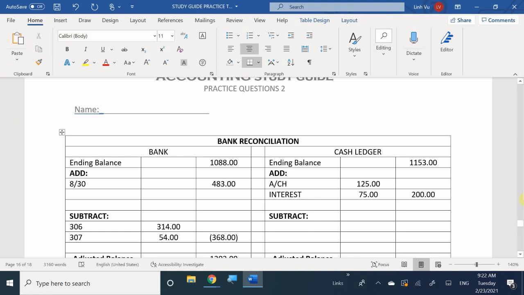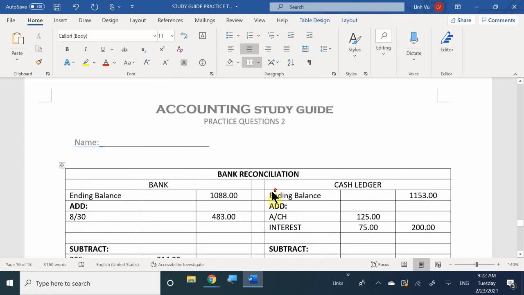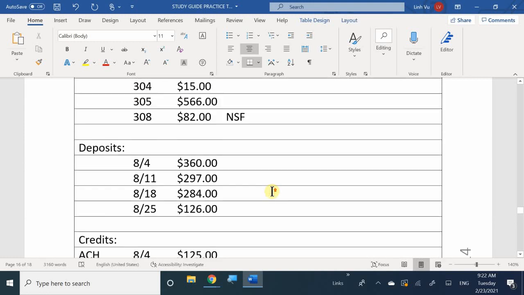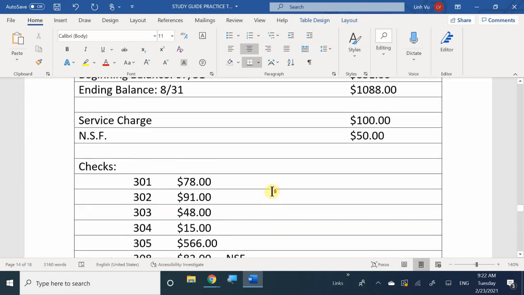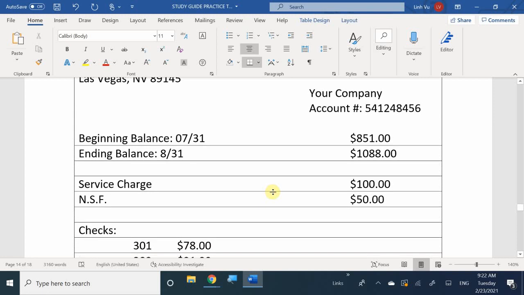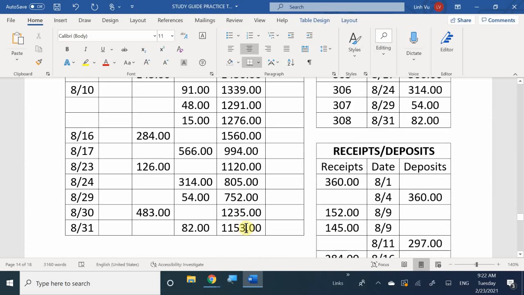Then what do I need to subtract out from my bank account? Fees, NSF fee, and service fees. Good. Let me scroll up and see what I got charged. I got a charge for service and a charge for NSF. How much for each? 100 for service and 50 for NSF. Perfect.